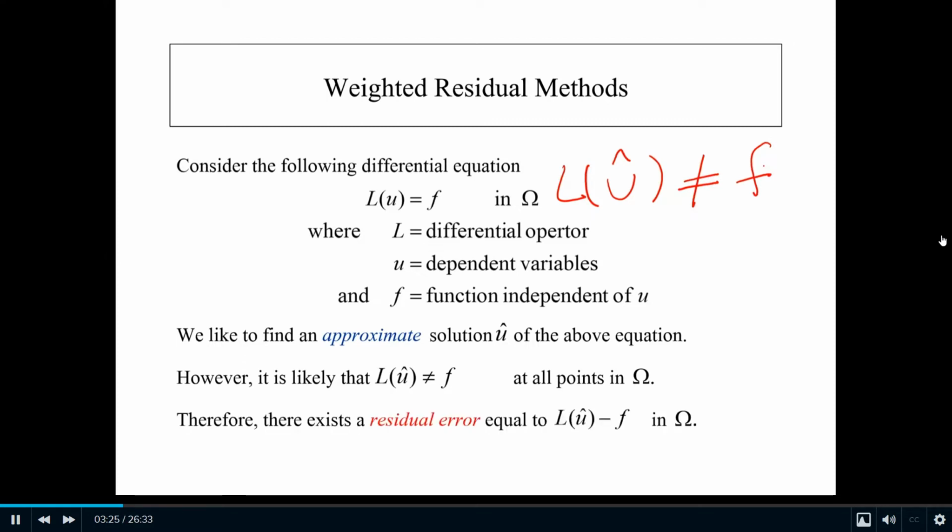The difference between this term and this term we call the residual error, and we can define it as equal to L u hat minus f. So this is the error from our approximate solution.